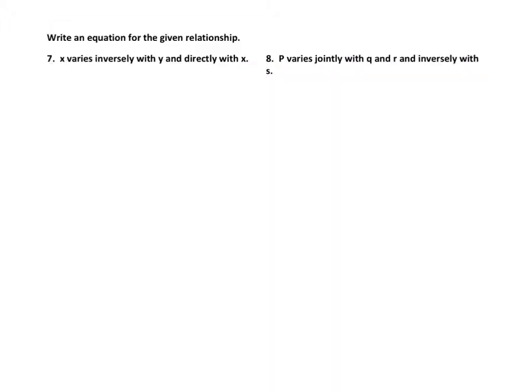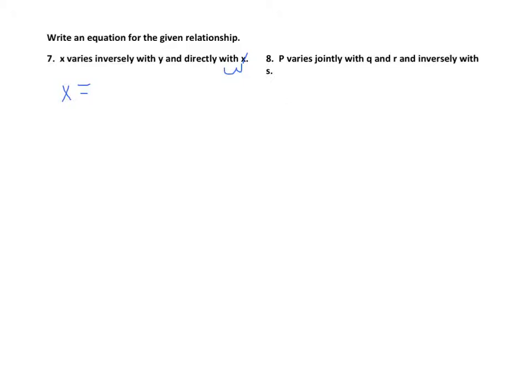So write an equation for the given relationship. W varies inversely with Y and directly with X. So hold on a sec. This is supposed to be W. Okay. So if we go to write this, it says W varies.